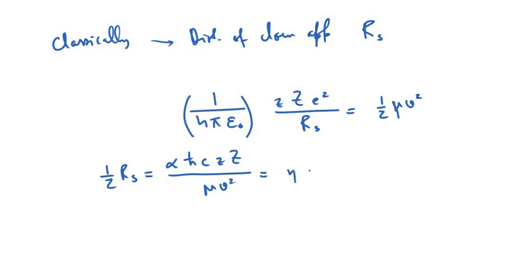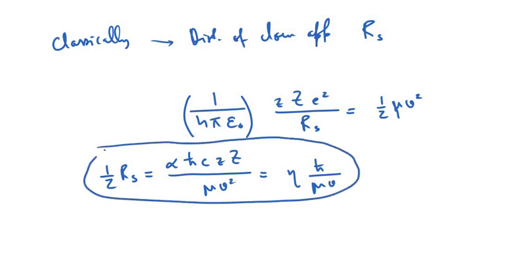This is equal to eta h cross by mu into V. So if this is the expression, then you see that the Sommerfeld number may be viewed as the ratio of half Rs and the reduced de Broglie wavelength.